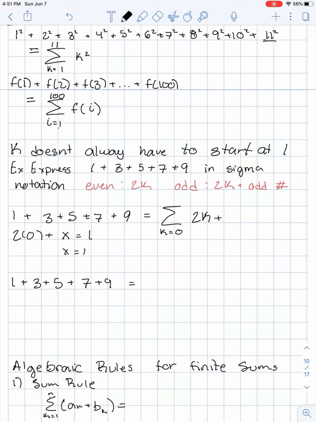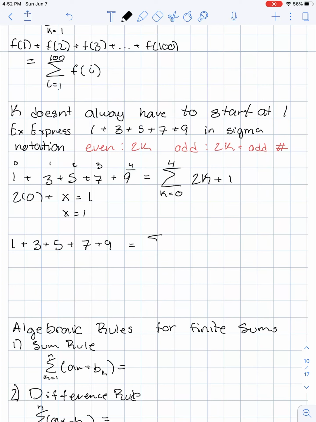So I can do 2k plus 1, and I'm starting at 0, and I'm using 5 terms. So it means k equals 0, k equals 1, k equals 2, 3, and 4.